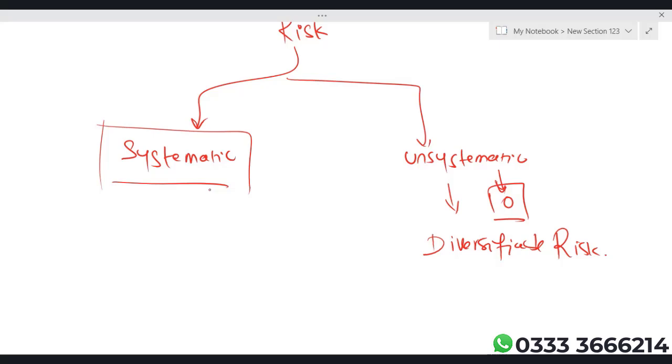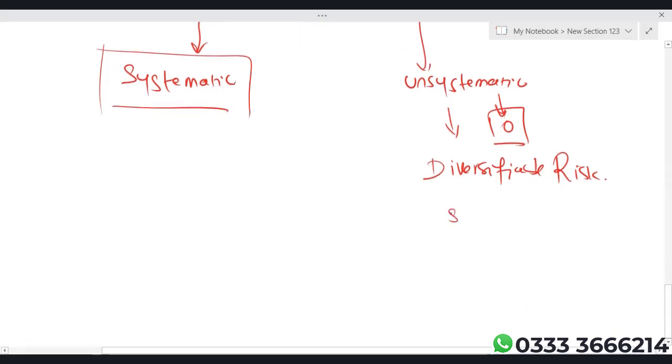A classic example which I normally provide: if someone has $1 million and invests the entire 1 million in a single organization's shares, then what happens? If that organization's share price increases, your 100% investment will increase. If the share price of that company reduces, then your 100% investment will reduce.